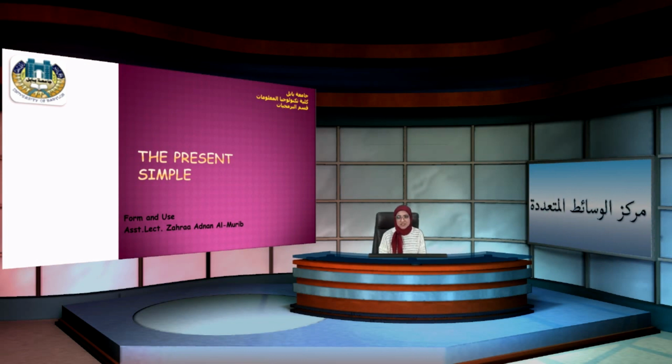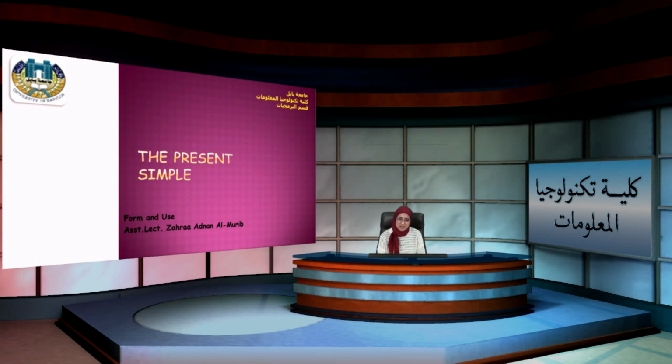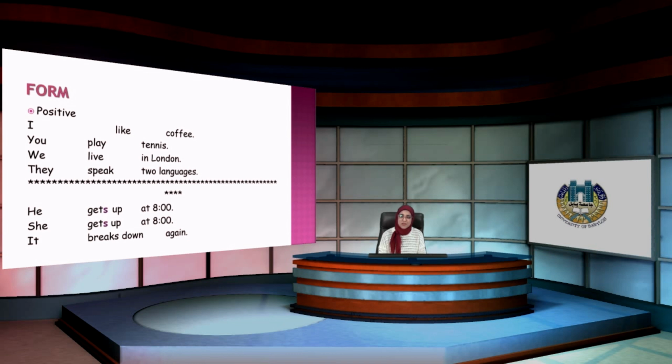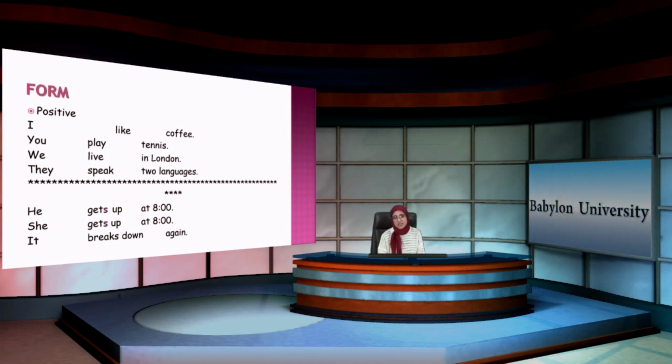Today our presentation is going to talk about the present simple as far as its form and use are concerned. As you know, the present simple is one of the main tenses of the English language.